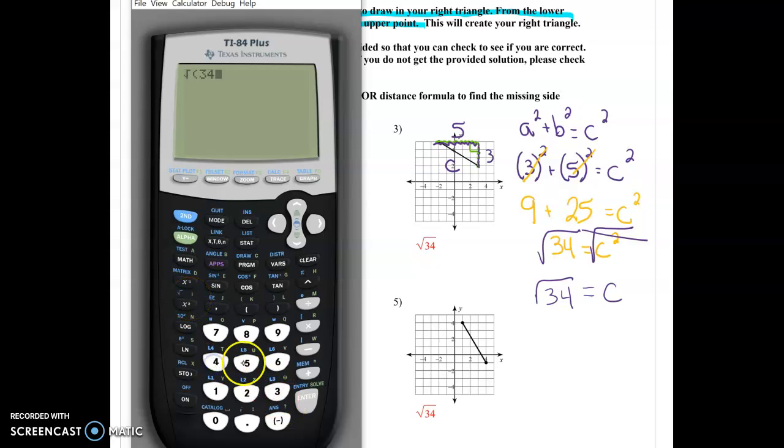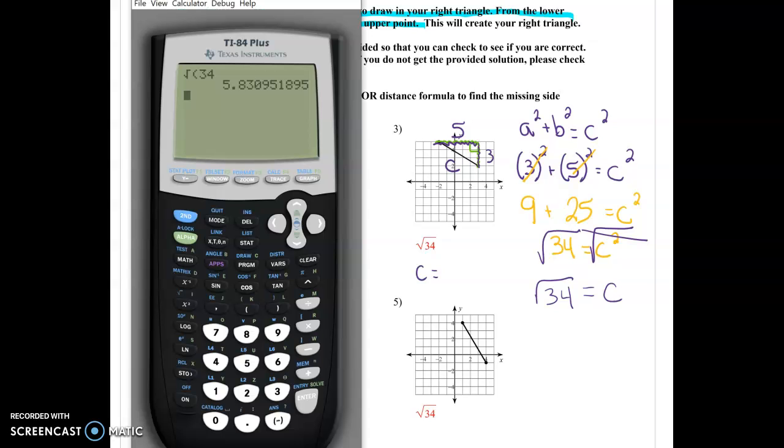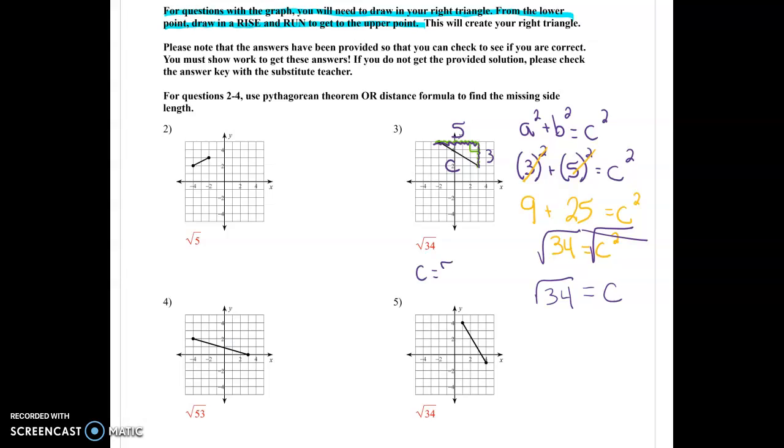I'll put in my 34, and I get my 3 decimals of 5.831 if I round. So again, the square root of 34 is great. I think for most of us, this decimal number will make sense. And if you think about it, if C is supposed to be the longest side, it should be more than 3 and 5.